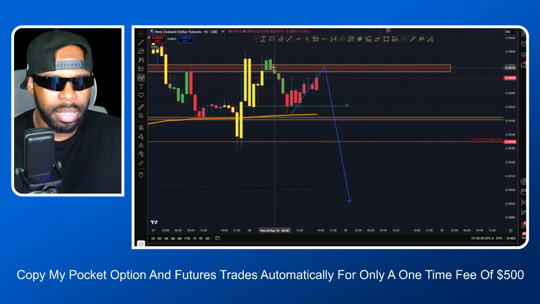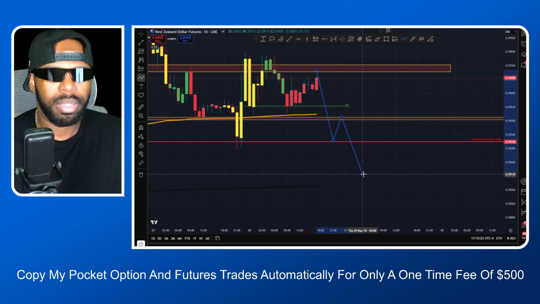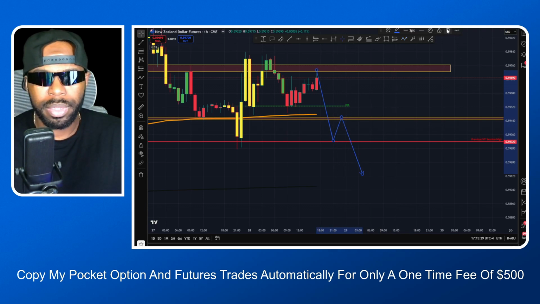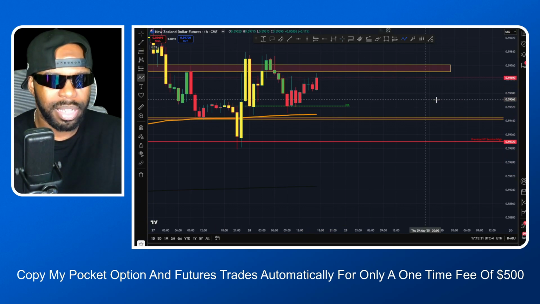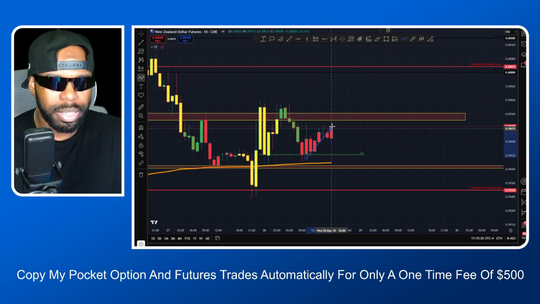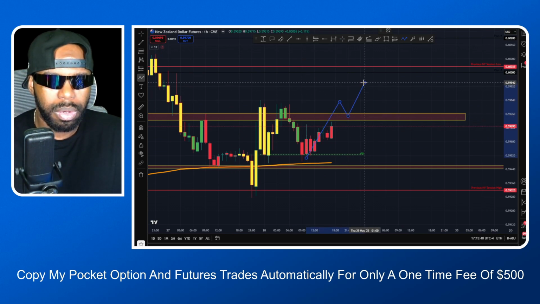Or I'm looking for price to come down here, break this zone here, all right, pull back into the zone here and get in for a sale. Or if price starts to go up during Asian session and London session tonight, then price might come up here, or whatever.